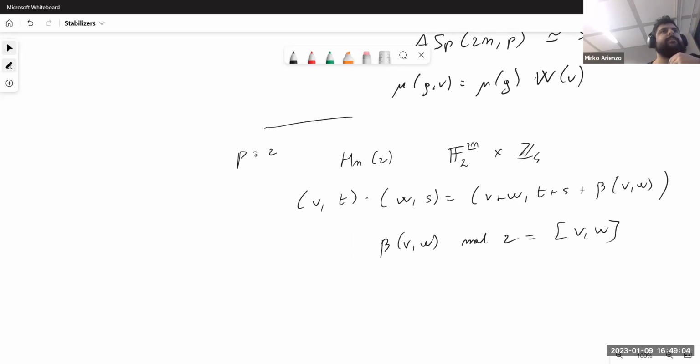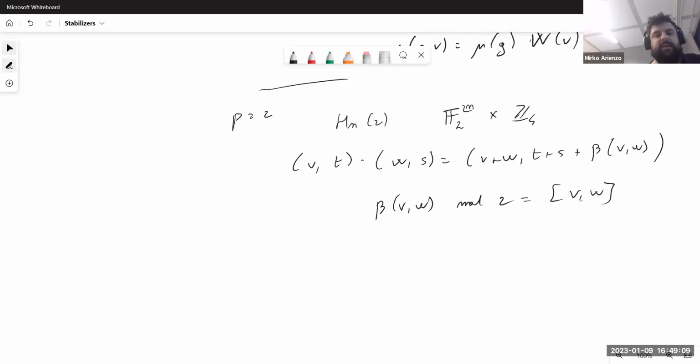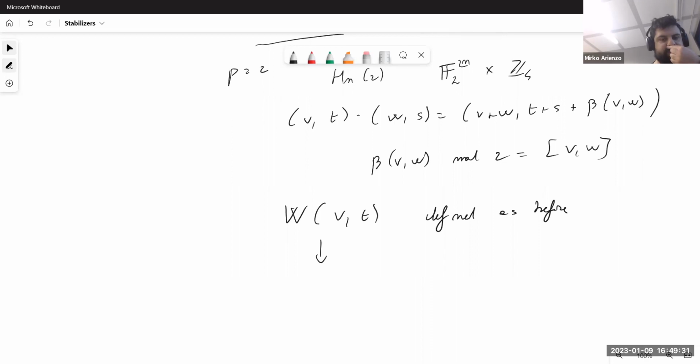Okay, so that's the difference basically, but some theorems hold equally the same in this case, and still you can define this W operator as before, and from this you can get the Weyl operators on the discrete phase space to be projective representations.